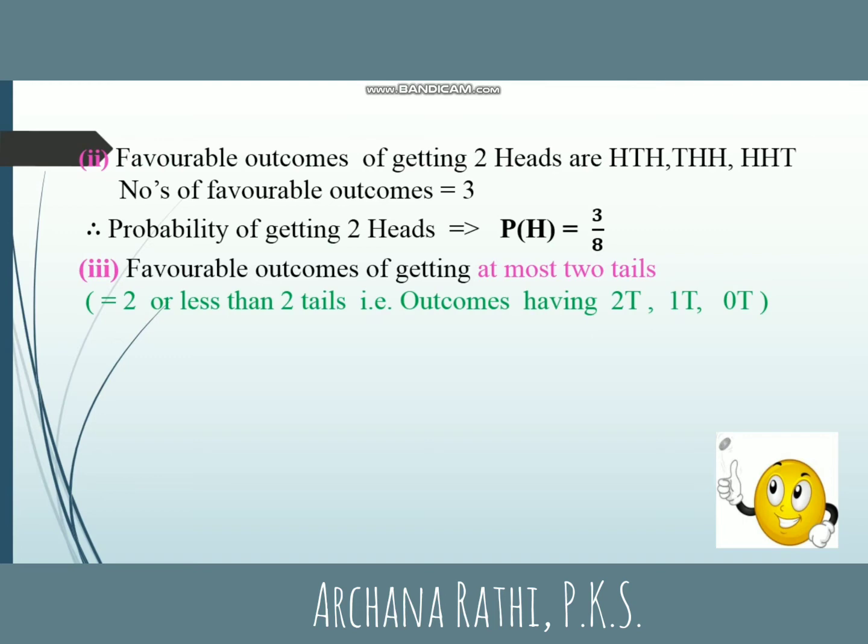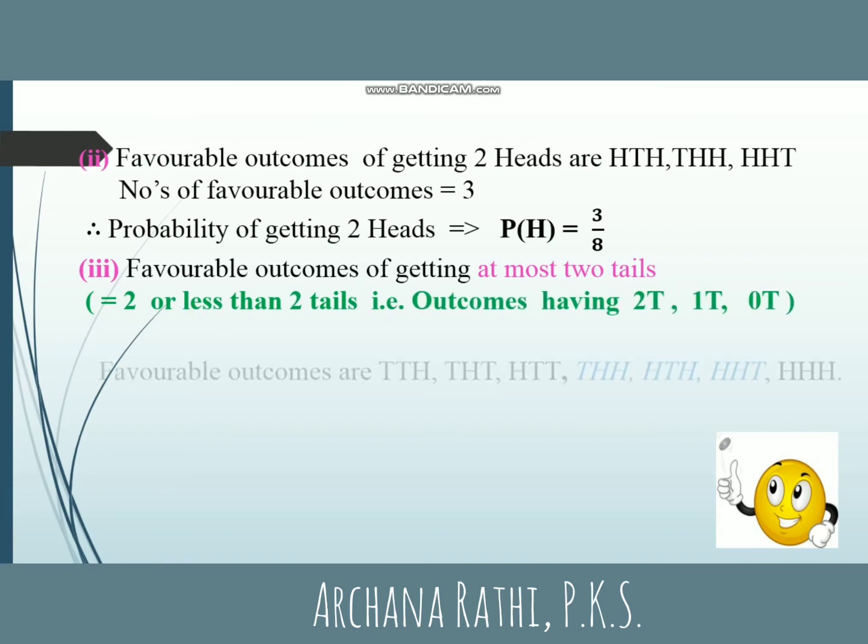So our outcomes having 2 tails, 1 tail and no tail are our favorable outcomes. Fewer than 2 is also fine, meaning there may be no tail, or 1 tail or 2 tails. So keep this in mind, this example is very important.